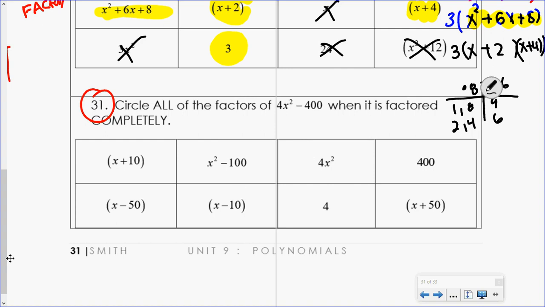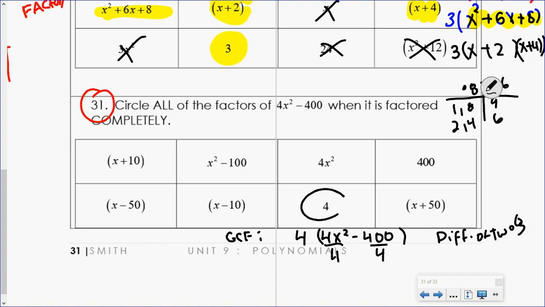Number 31, I have 4x squared minus 400. My greatest common factor here, GCF here, is 4. And after that, we're working with the difference of two squares. Okay, so let's factor out that greatest common factor first. So that means 4 is a factor. All right.